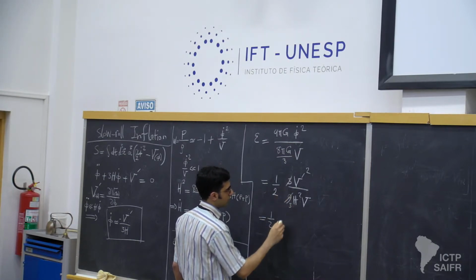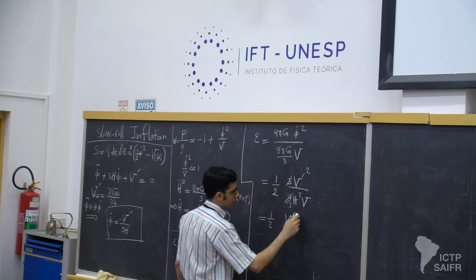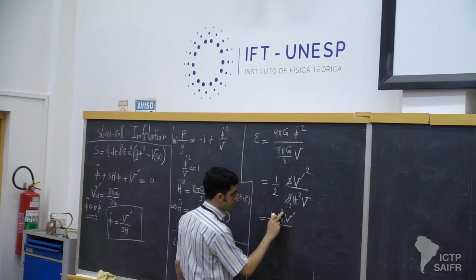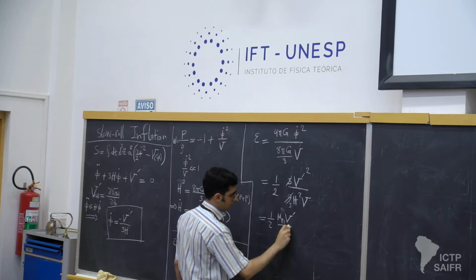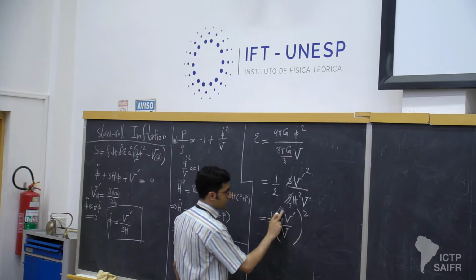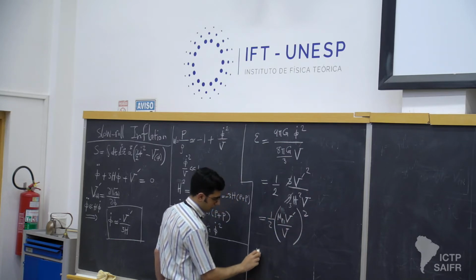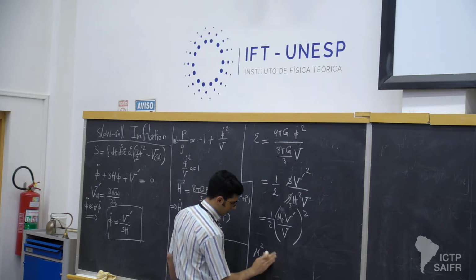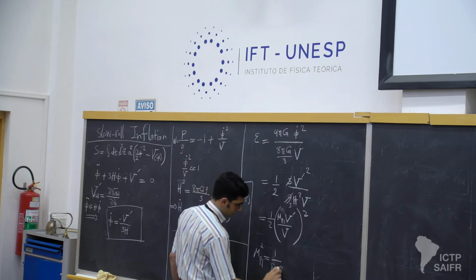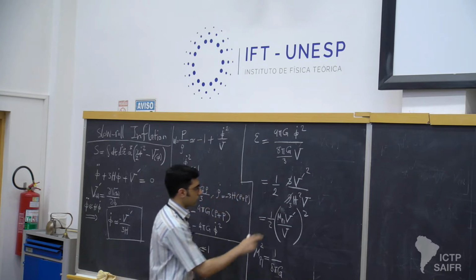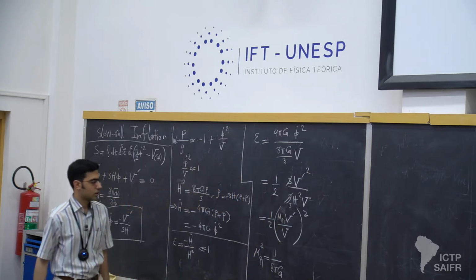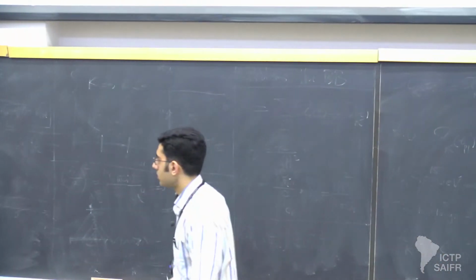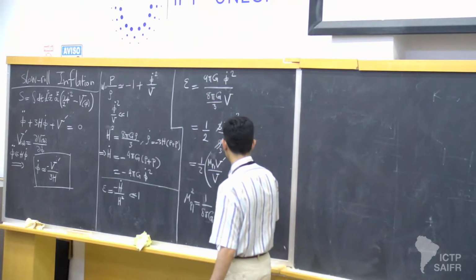This is 3. This gives me M Planck squared, V prime squared over V squared, where remember, M Planck squared was defined as 1 over 8 pi G. So we get this ratio, and we want this to be much less than 1.